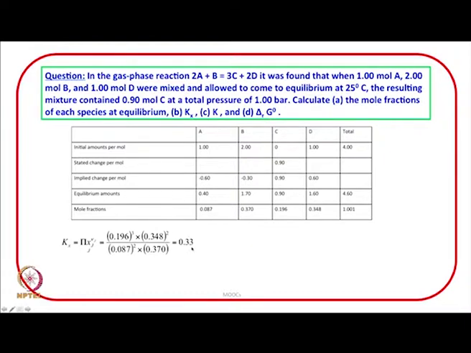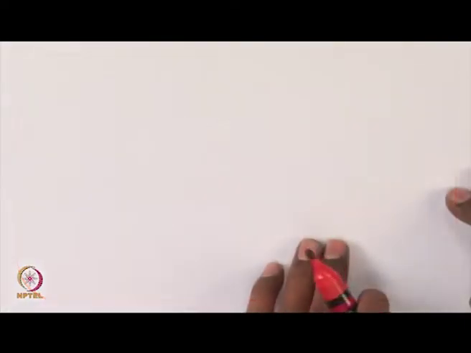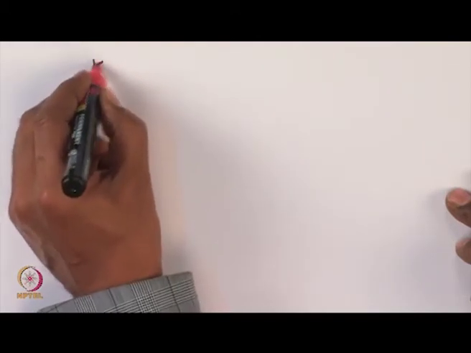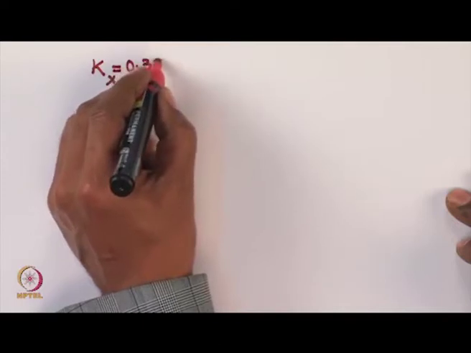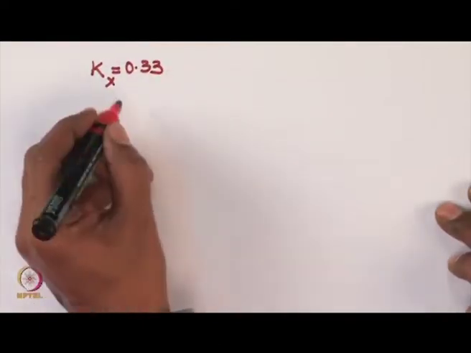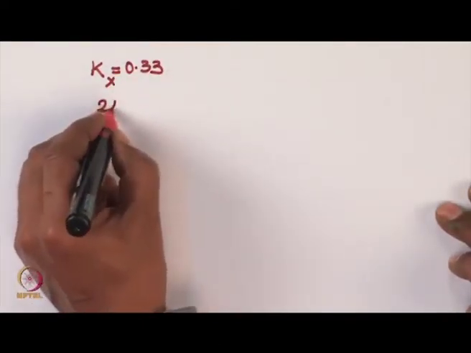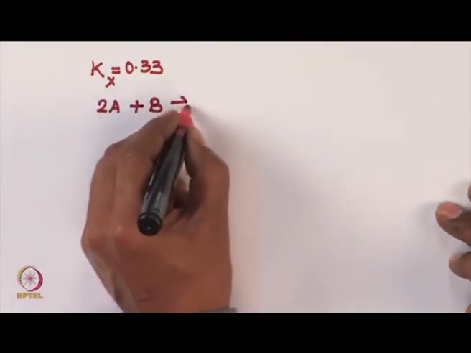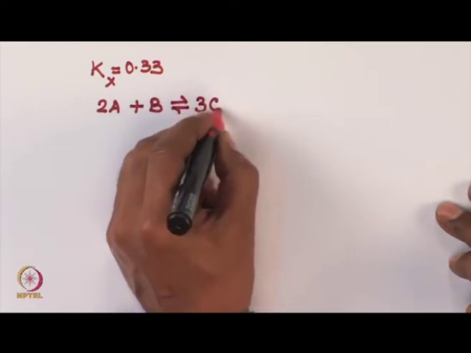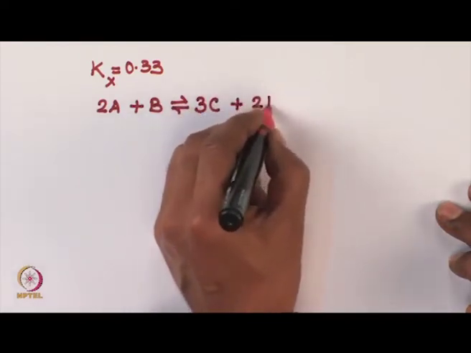Kx we have been able to get as 0.33. The reaction is 2A plus B in equilibrium with 3C plus 2D.